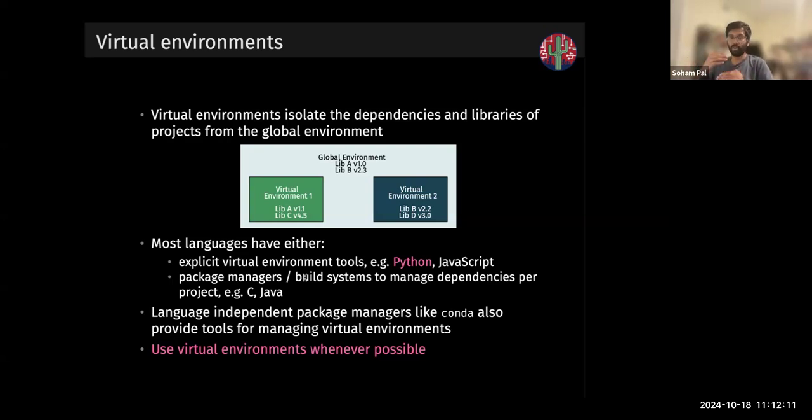And let's say your global environment gives you access to some libraries A and B with some particular versions. But now you are doing some project in which you need different libraries, or those libraries with different versions. So the thing you can do is create a virtual environment and install those particular versions or those particular libraries in that virtual environment.